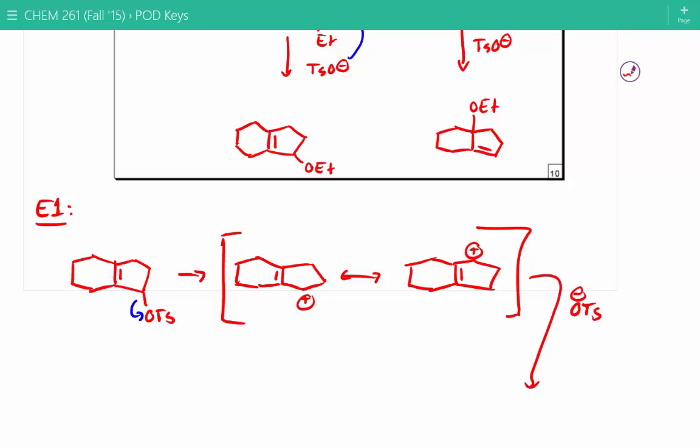And what beta protons are we going to grab? I forgot to move this double bond. There we go. What beta protons are we going to grab?